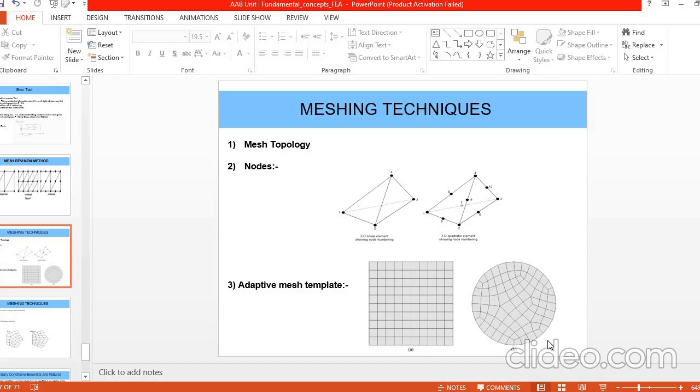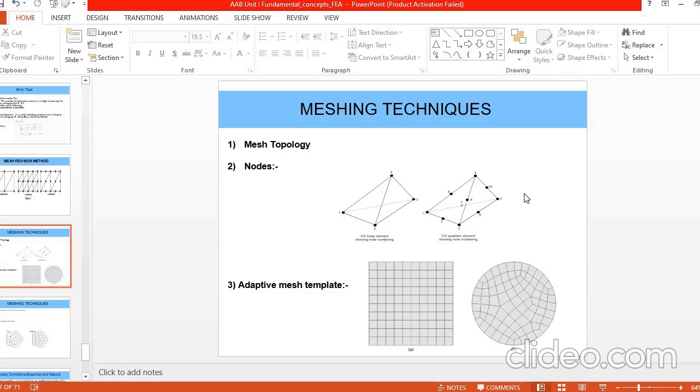The next phase is the element generation phase, where created nodes are connected to form the best possible element. Here the first nodes are created, then an extra node is created between two nodes, then connect these created extra nodes, so you will get a better result.